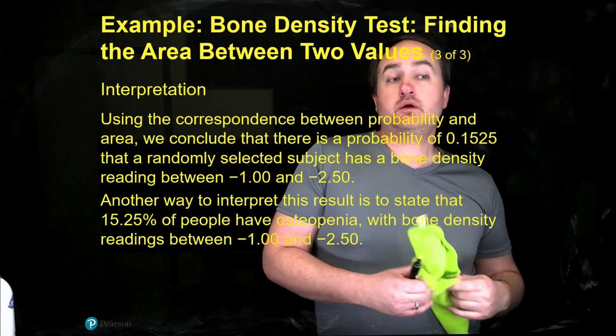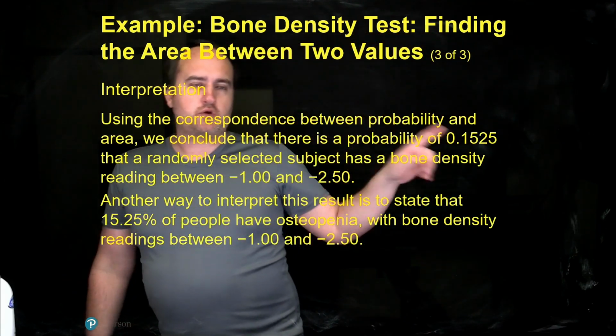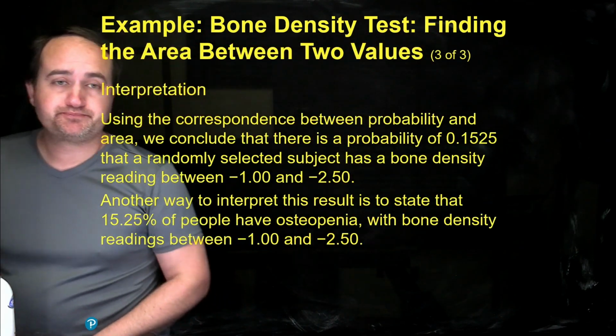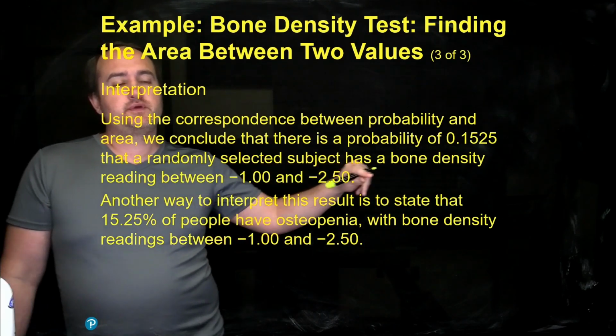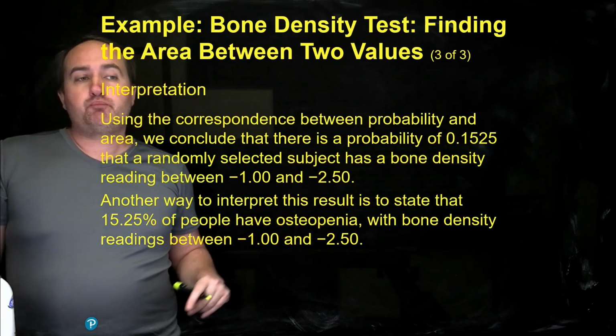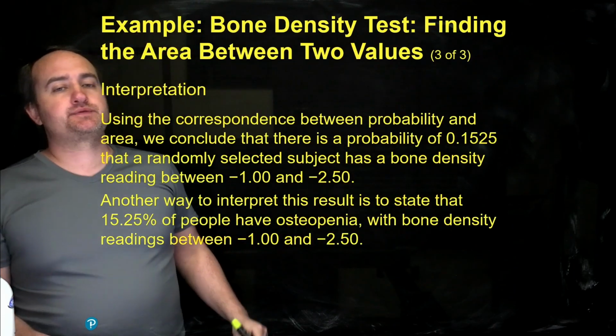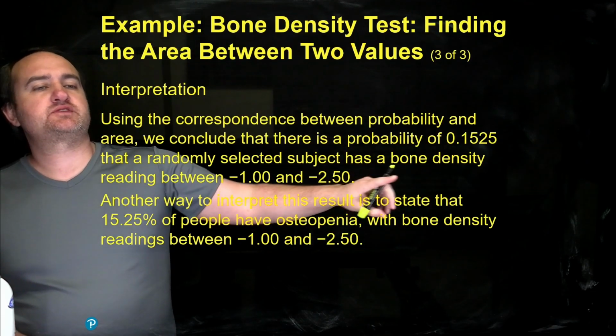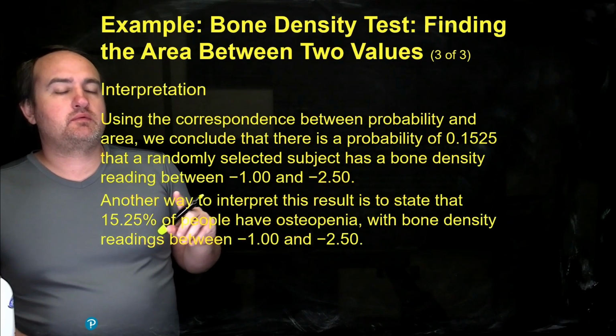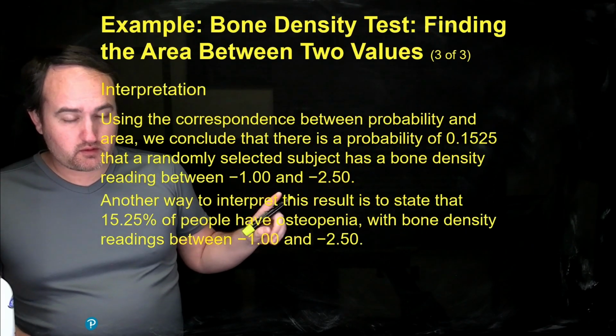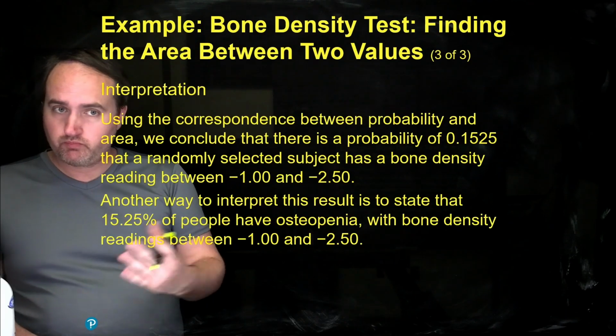Cool. And then interpretation. Using the correspondence between probability and area, we conclude that there is a probability of 0.1525, or 15.25% chance, that a randomly selected subject has a bone density reading between negative 1.00 and negative 2.50.